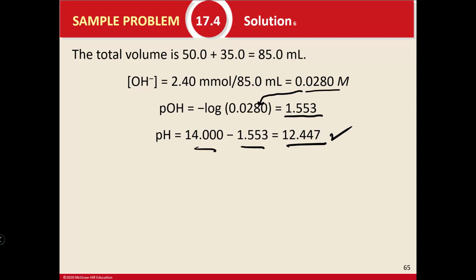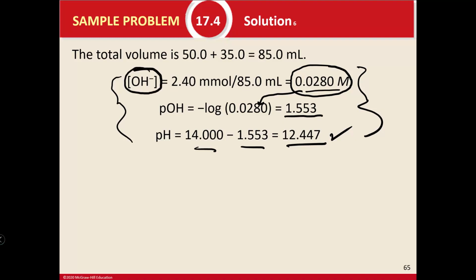So just make sure you do these steps here, because I see students work through this and they solve for x and they get x correct, but then you've got to plug it in the ICE table to see what it represents. In this case, it represents the hydroxide ion concentration. So I take the negative log of that, that's pOH, but I want the pH, so 14 minus the pOH gives me the pH. So that's what we're doing there.